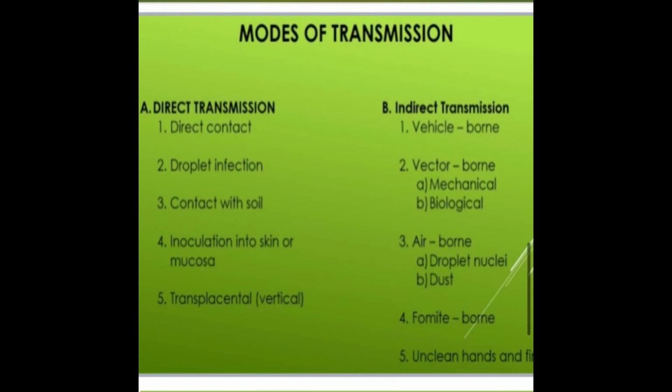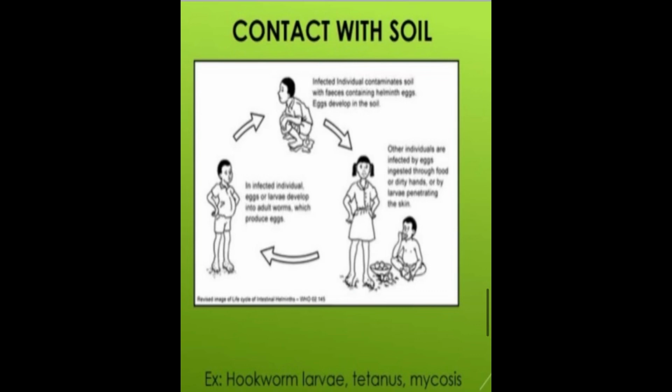Fomites are also there, which include unclean hands. If you don't wash your hands before and after a meal, that is also an important factor. Like you see on your screen, it can get to you with soil. Sanitation is a very important role player here. If there is a sanitation problem, it can come to you through soil in any form.